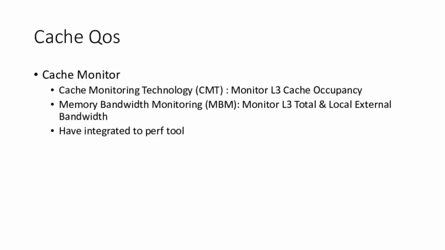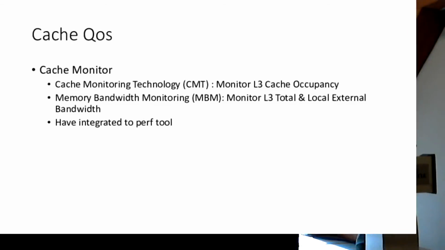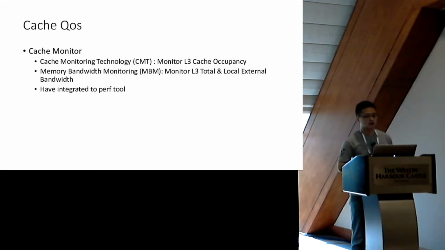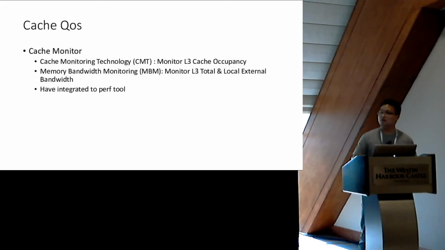One of the features of cache QoS is support to monitor the cache usage for the shared cache. Shared cache means the cache is shared between all CPUs. Also, it can monitor the total and the local bandwidth for the shared cache.